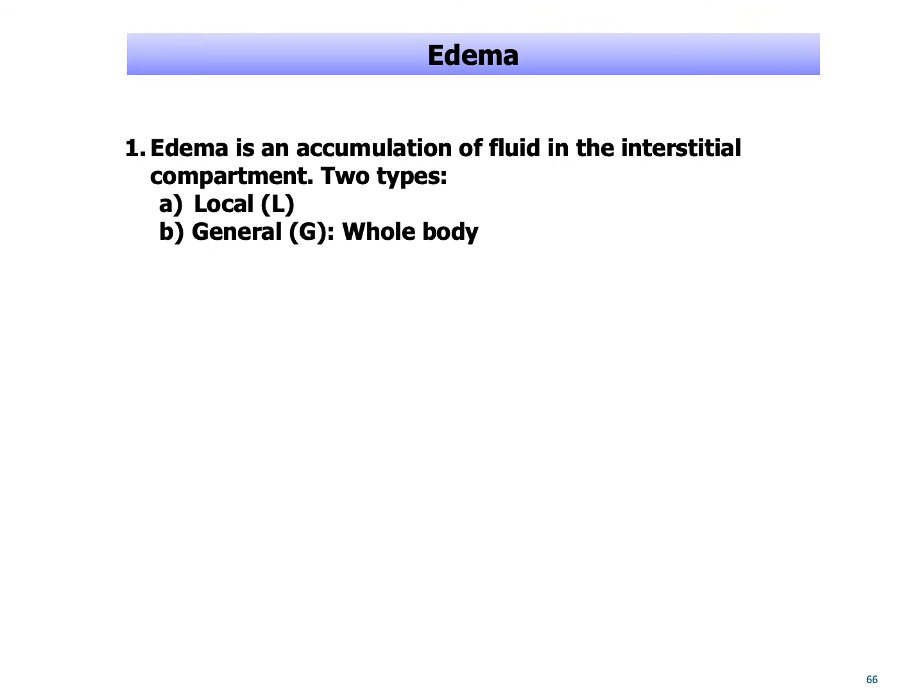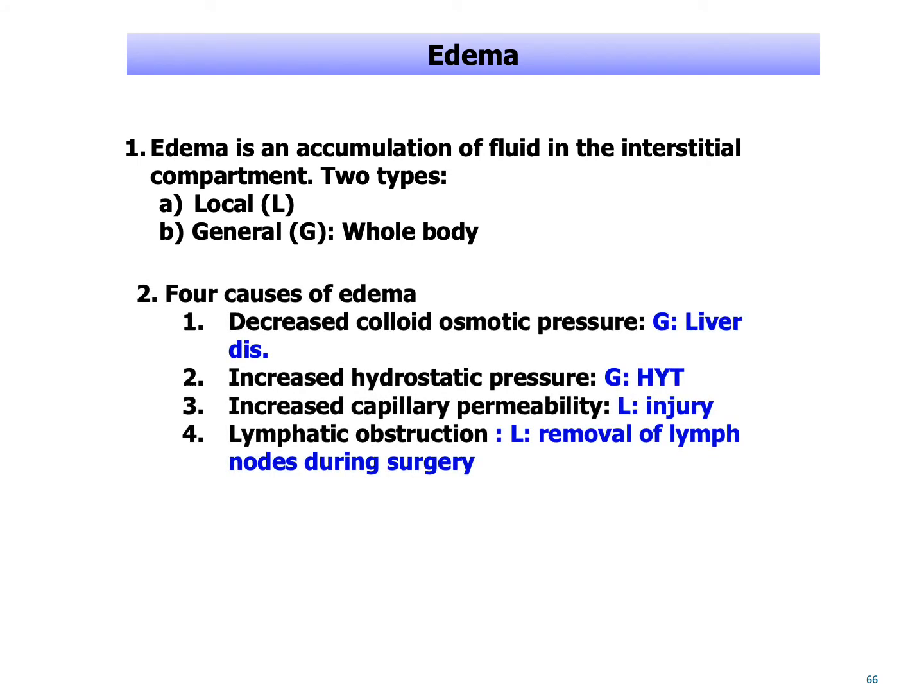Edema. Edema is the accumulation of fluid in the interstitial compartment. It is usually of two types, local and general, when the edema is present throughout the body. There are mainly four causes of edema. First, there is decreased colloidal osmotic pressure, and it will lead to general edema, usually due to liver disorder. Next is the increased hydrostatic pressure.